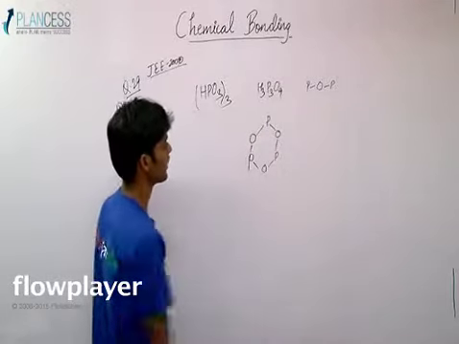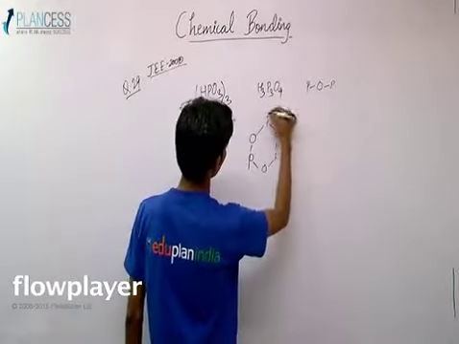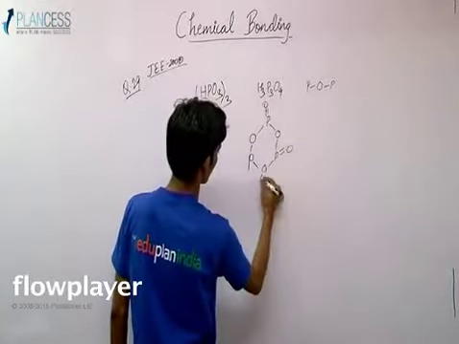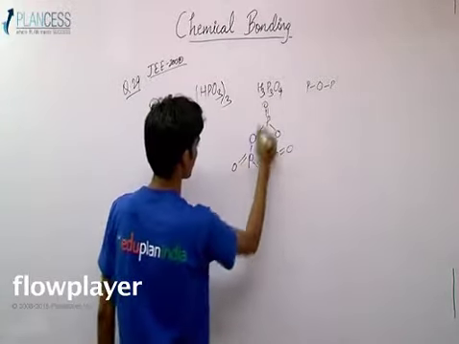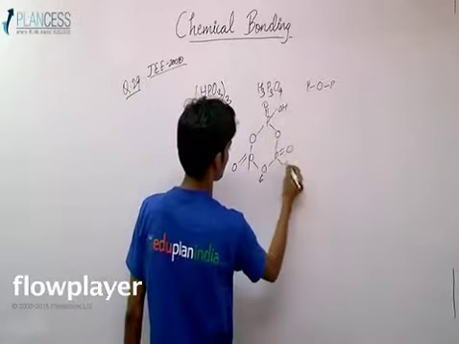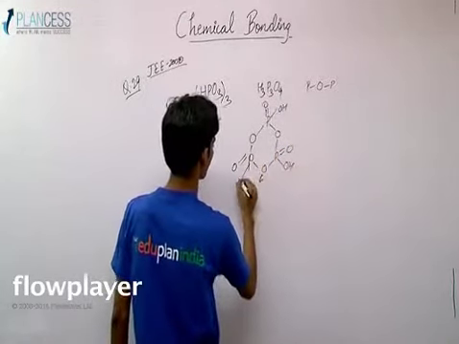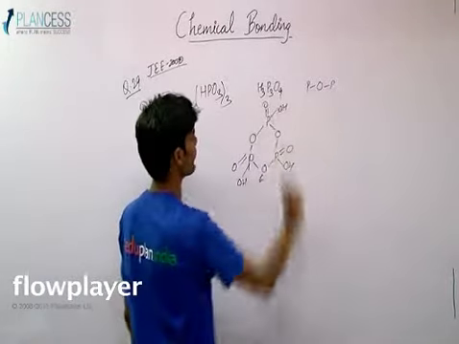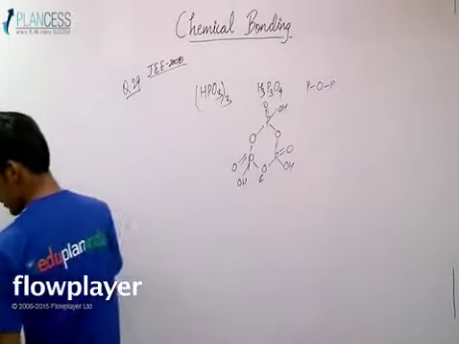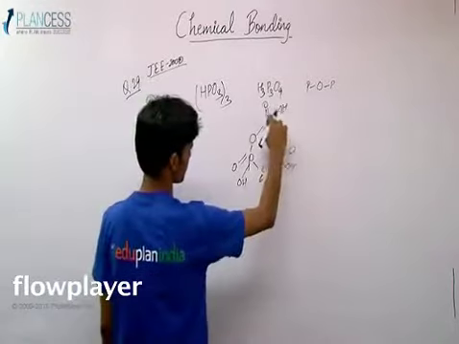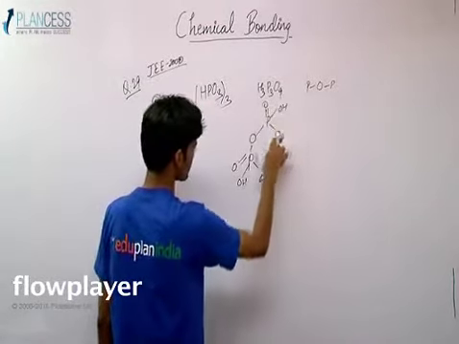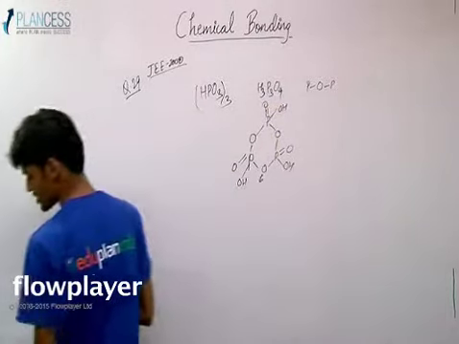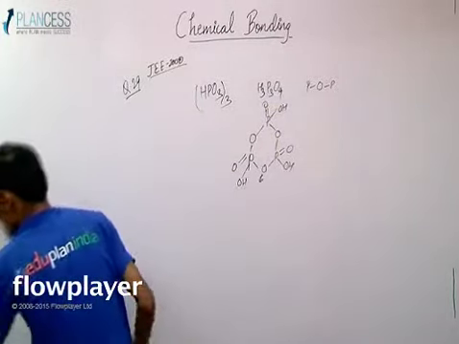This is H3, and then there would be a double bond here, double bond here, double bond here, and OH, OH, OH. So this would be the structure for metaphosphoric acid H3P3O9. And the question is the number of P-O-P bonds. So the number of P-O-P bonds is 1, 2 and 3. So the correct answer is 3, and the option given was C. So this is the correct answer.